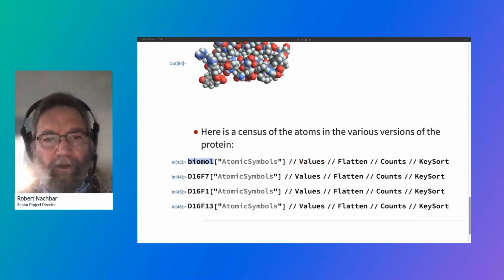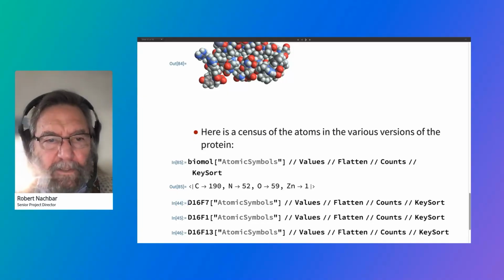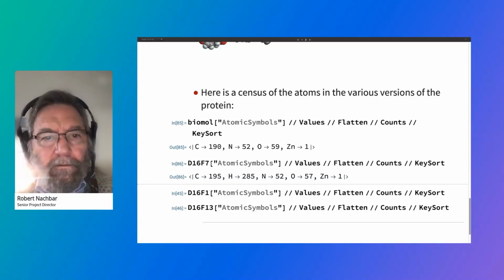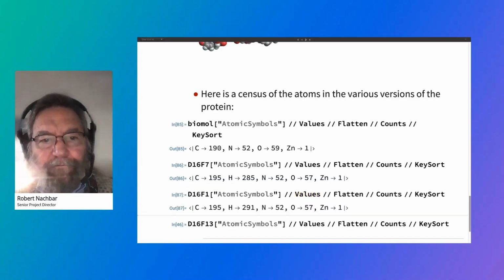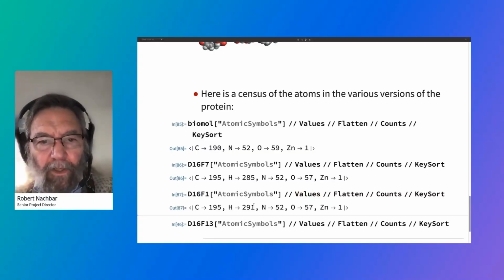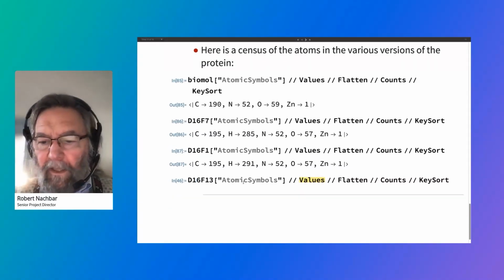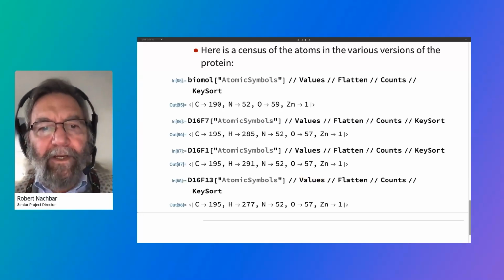Here's the original biomolecule that we pulled from PDB. And you can see from the count of the atoms here, there are no hydrogens. And then this is the one at pH 7. We've got 285. The pH 1, we've got a few more than that, 291. And at pH 13, we've got 277, fewer than the 285.